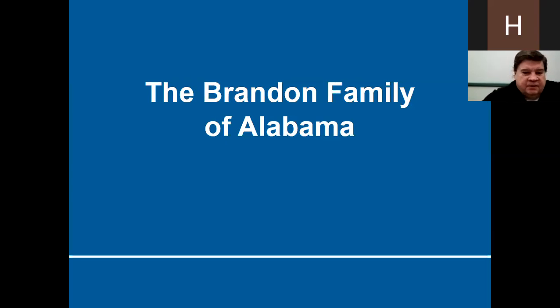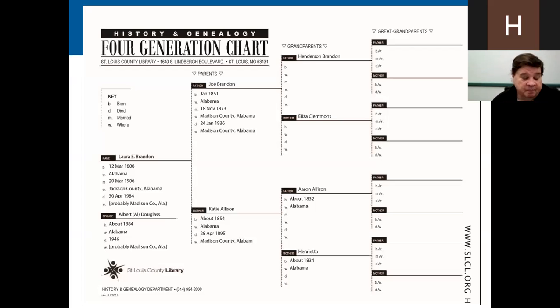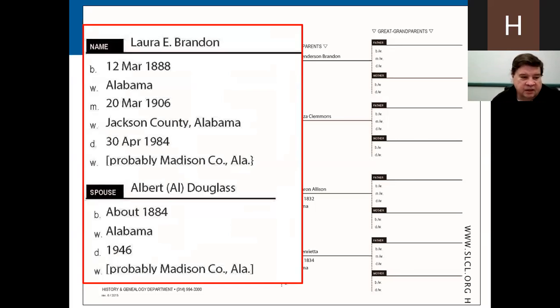Now I want to take an example and look through using some of these records. So this isn't just all up in the air stuff. So I want to look at the Brandon family of Alabama. And this is what I know going in.